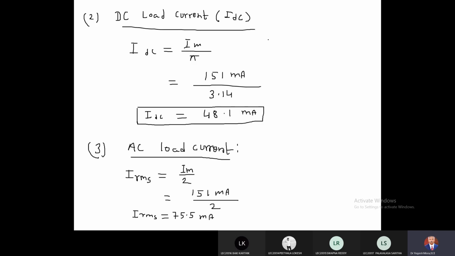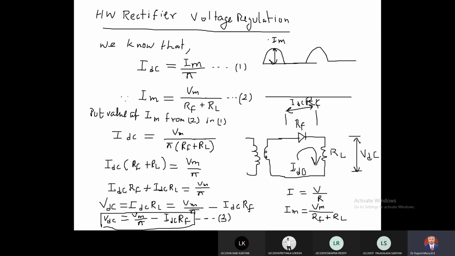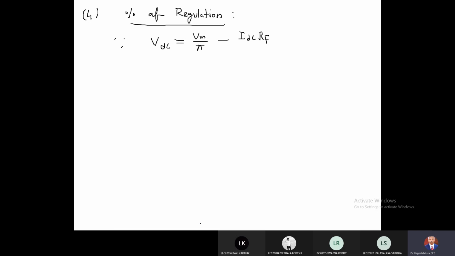Already for the half wave rectifier we have calculated this, expression number 3, VDC is equal to VM by pi minus IDC RF, right? So here, voltage at no load.